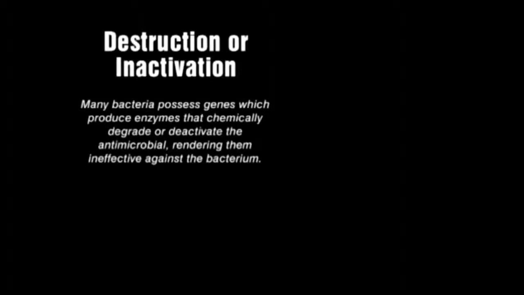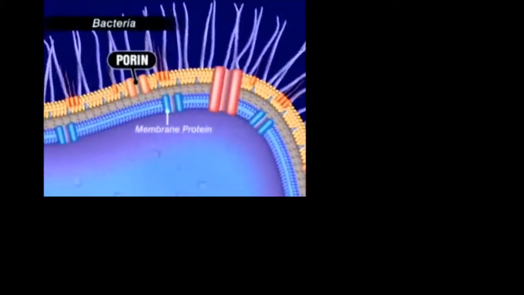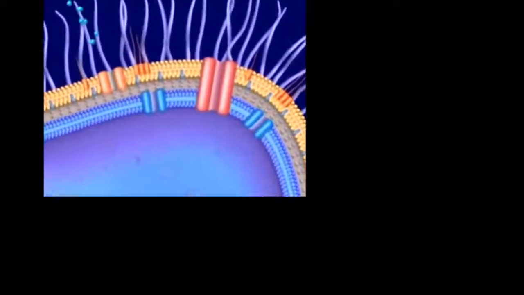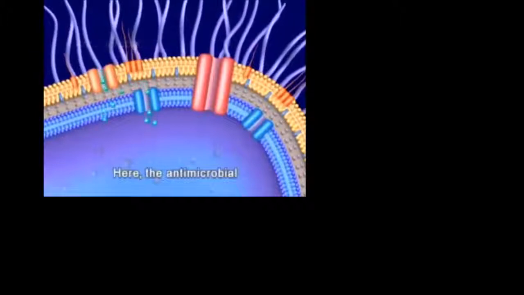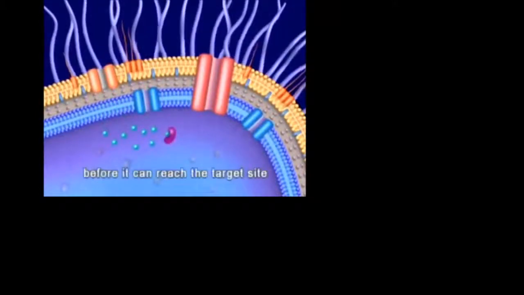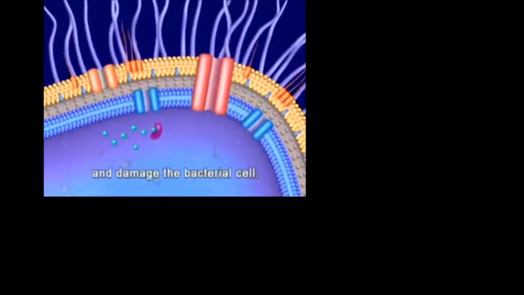Many bacteria possess genes which produce enzymes that chemically degrade or deactivate the antimicrobial, rendering them ineffective against the bacterium. Here, the antimicrobial is either degraded or modified by enzymatic activity before it can reach the target site and damage the bacterial cell.